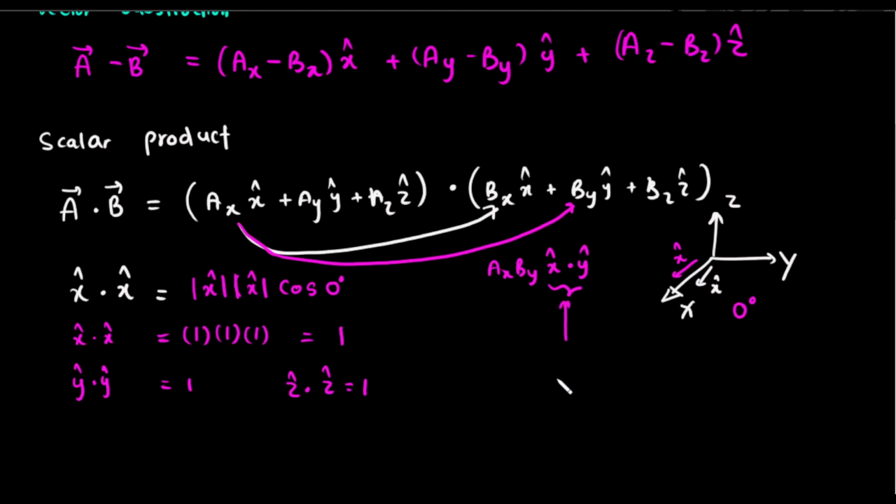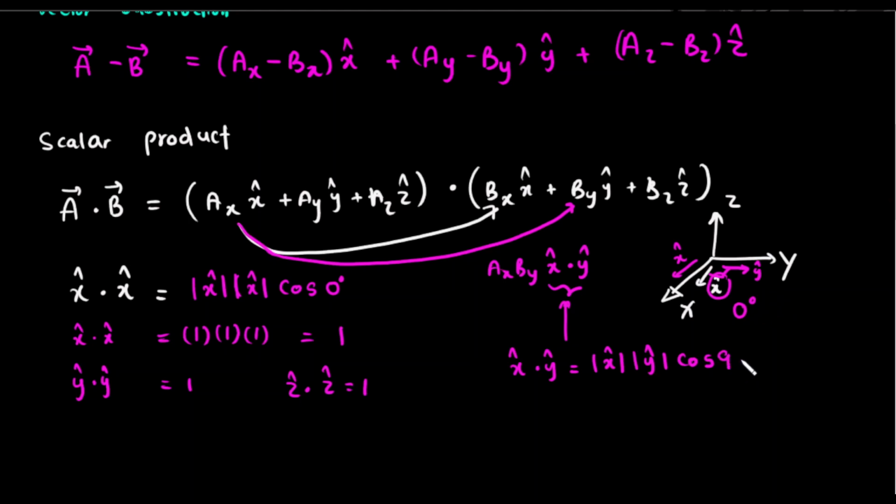Actually, these are unit vectors. So I'm going to consider this x hat dot y hat. From the definition, we know that it is the magnitude of x hat times the magnitude of y hat times cosine of the angle between these two vectors. Since x hat is along the x direction and y hat is along the y direction, the angle between x hat and y hat will be 90 degrees.